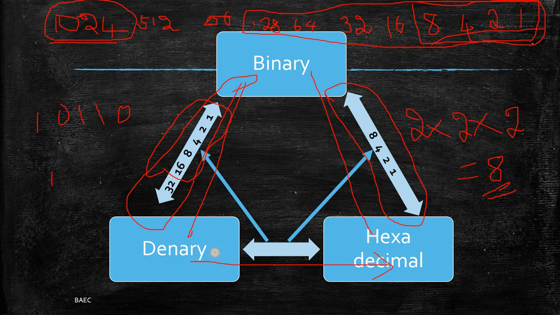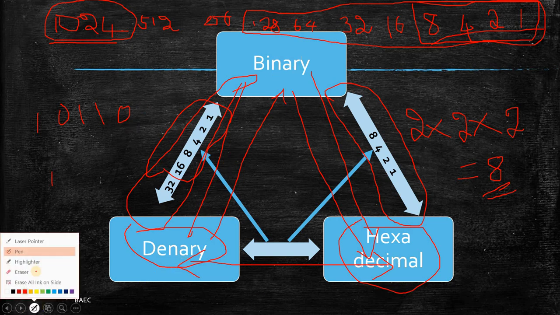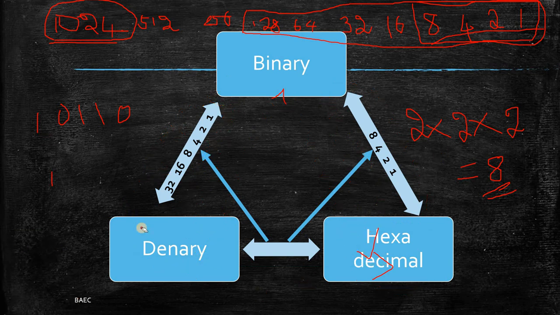Denary to hexadecimal and hexadecimal to denary. Here there is no way to convert directly. There is a way which is a bit difficult. So if you are getting denary to hexadecimal, you will jump first from denary to binary, then binary to hexa. Got it clear? When you have a question about denary to hexa conversion, you have to do 2 conversions: denary to binary, binary to hexa.